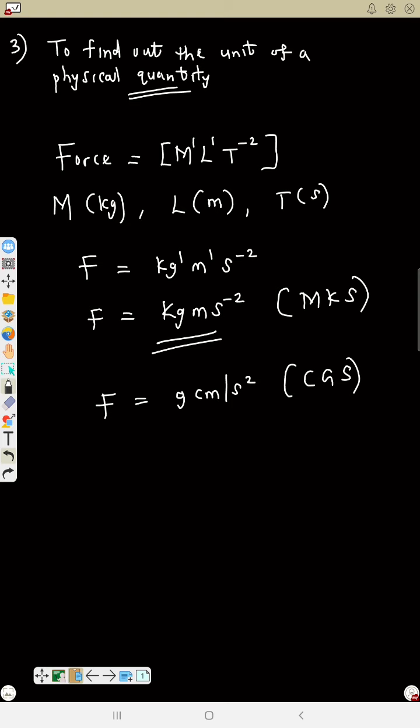So let's see what we can talk about again. Now let us see the limitation of dimension. So what is the limitation of dimension? Now number one limitation, you can jot this one down.